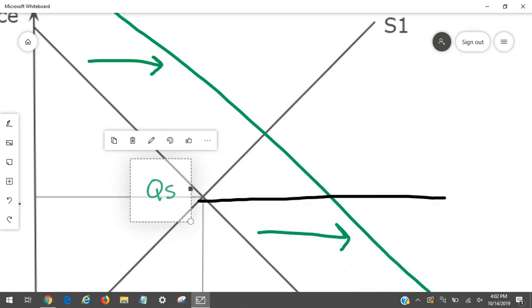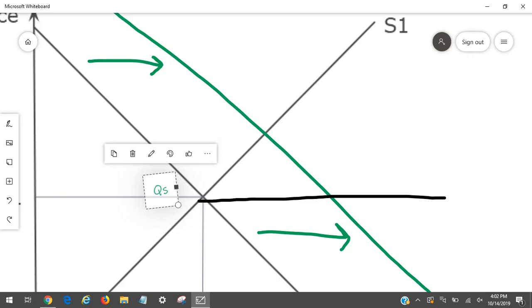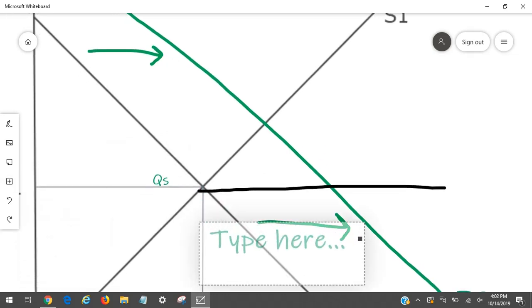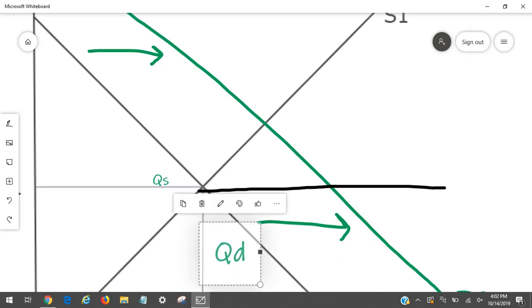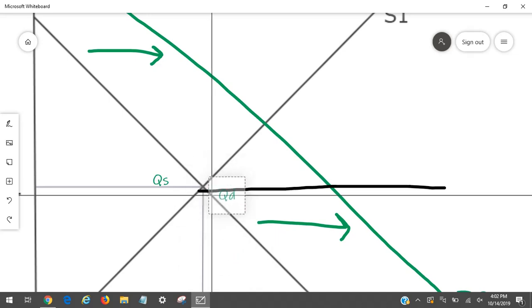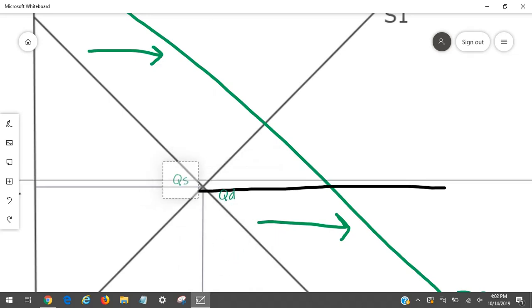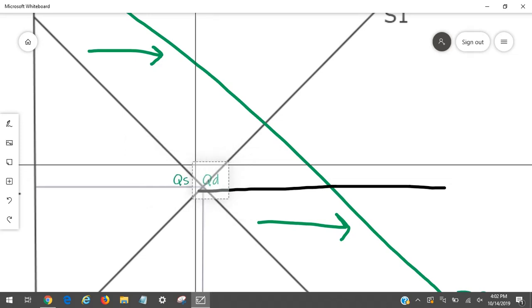So before the shift, quantity supplied and quantity demanded were equal because we were in equilibrium. They were both here at this intersection point at equilibrium.